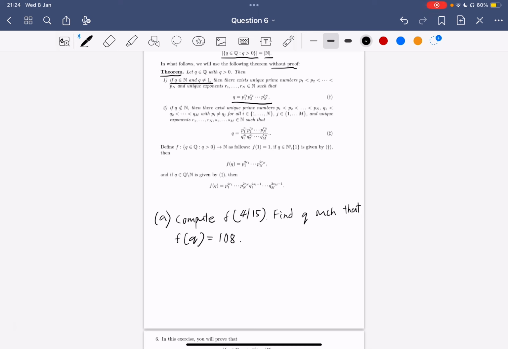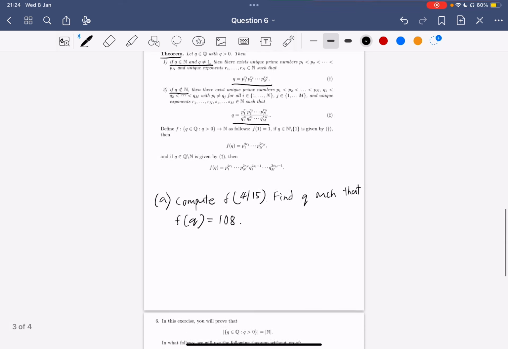And if q is not a natural number, which means it's a proper rational number, it's given by this equation instead.